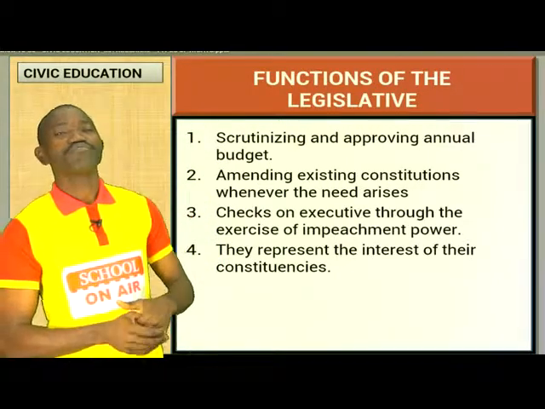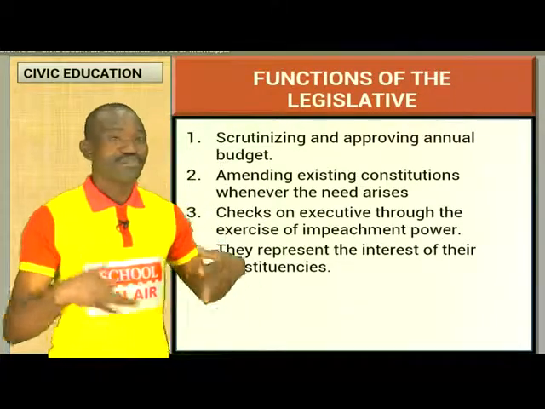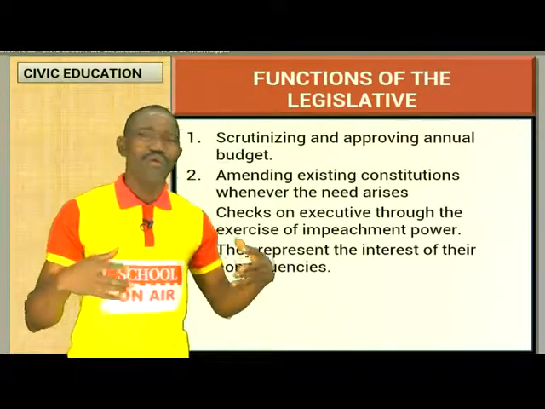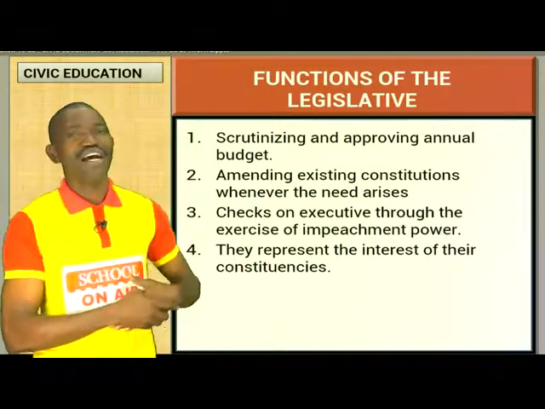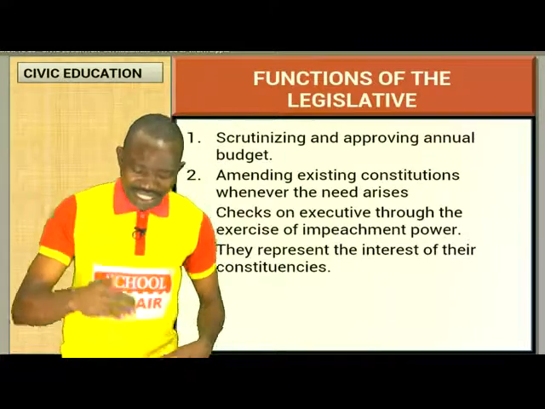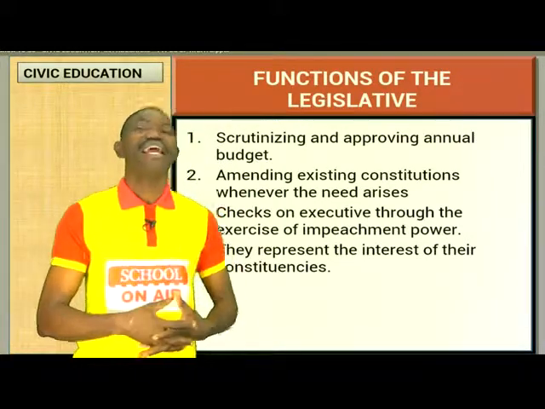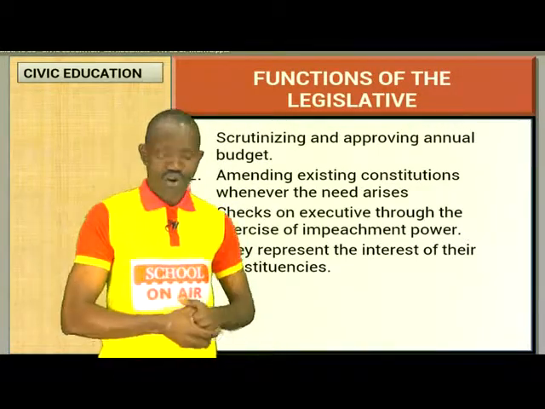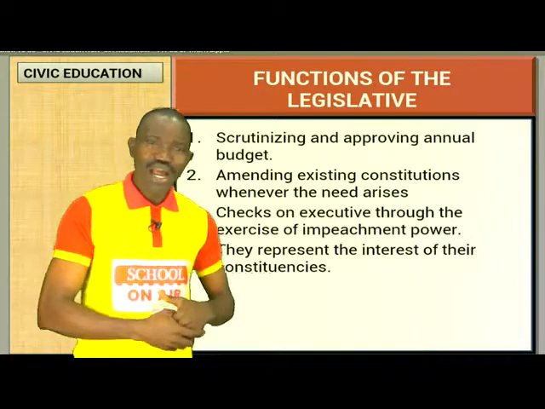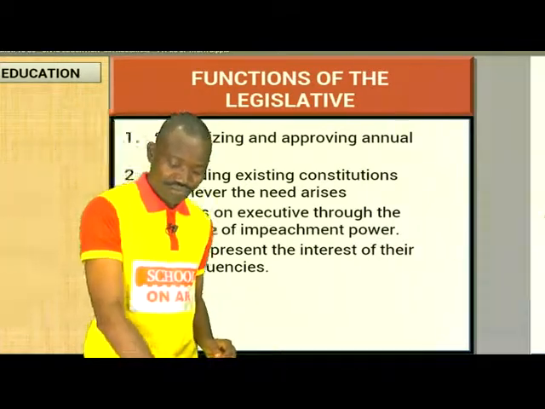For example, if we are badly in need of a bridge over a particular river in my community, it is the duty of the senator representing my area to present our need on the floor of the assembly, and appropriate action will be taken on it.